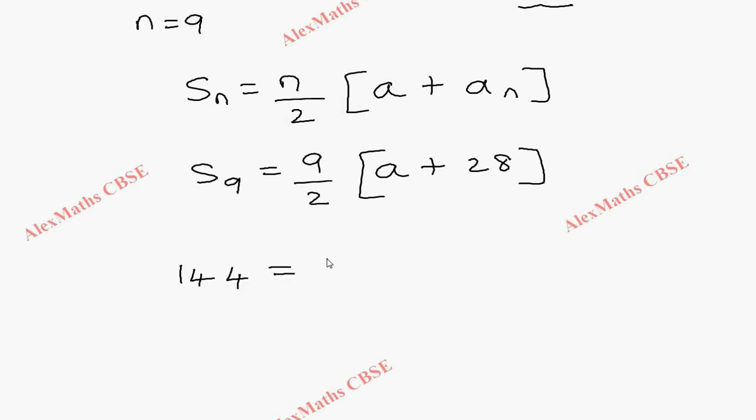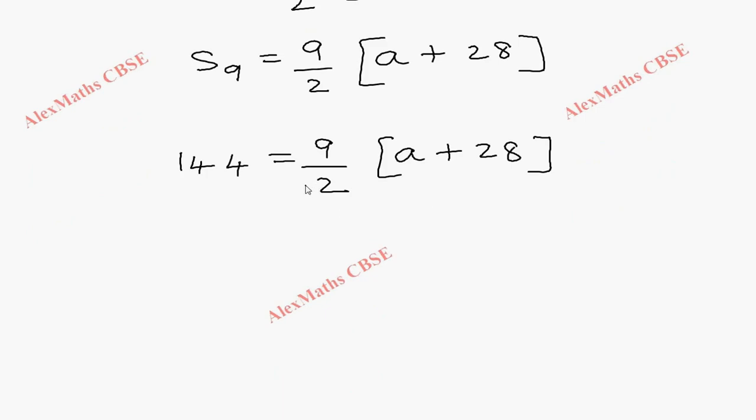144 equal to 9 by 2 into A plus 28. So we can take this 2 to the other side and 9 to the denominator. So 144 into 2 by 9 equal to A plus 28.